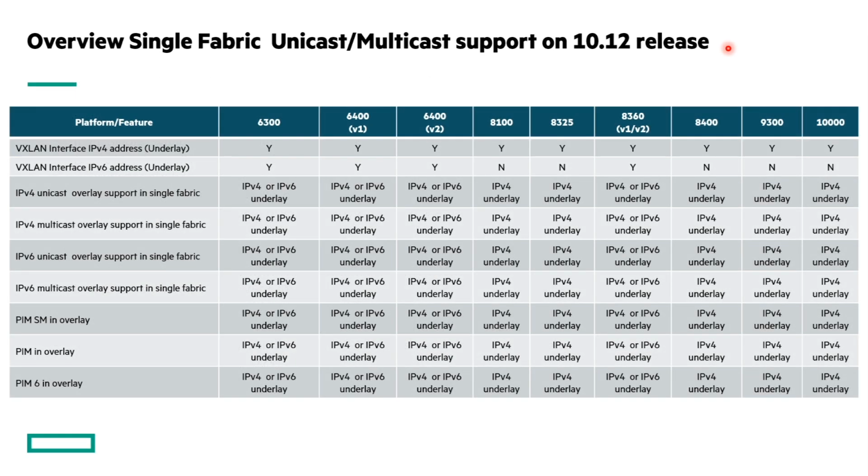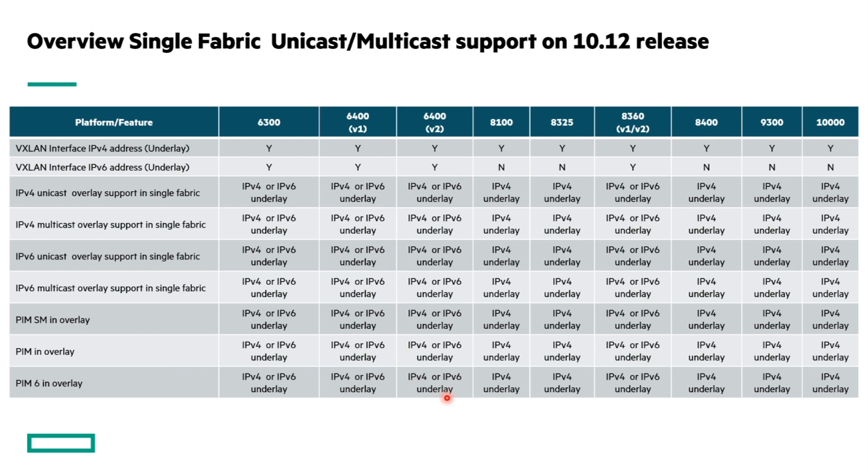So putting that all together, let me take an example here in this table. If we look at the 6400, which supports both the IPv4 underlay and the IPv6 underlay, all the overlay technologies here on the left, with reference to multicast, are supported for both the different underlays.